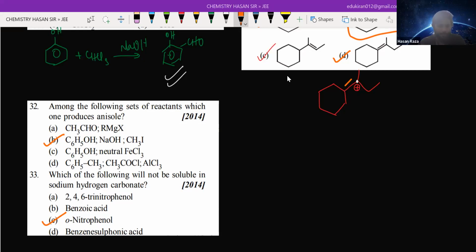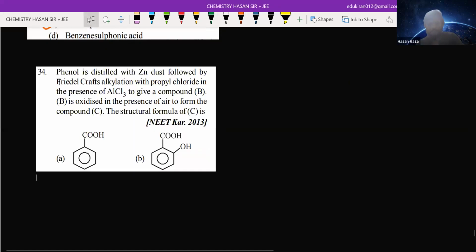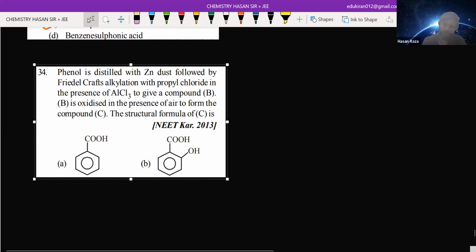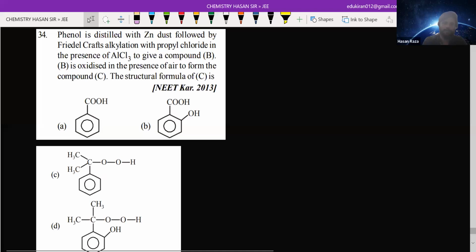Can I change the slide? So only two options are given here. I'm going to give another two options. I'll just wait a minute. These are the other two options.